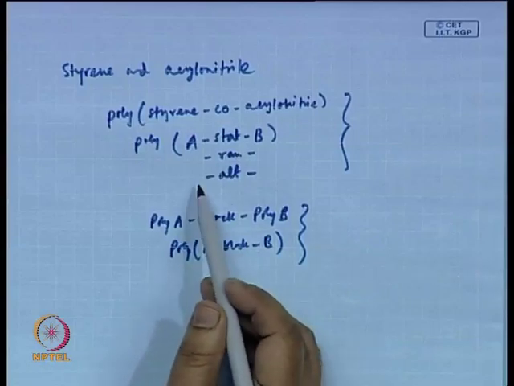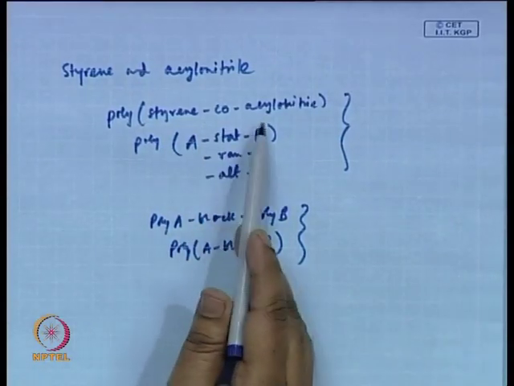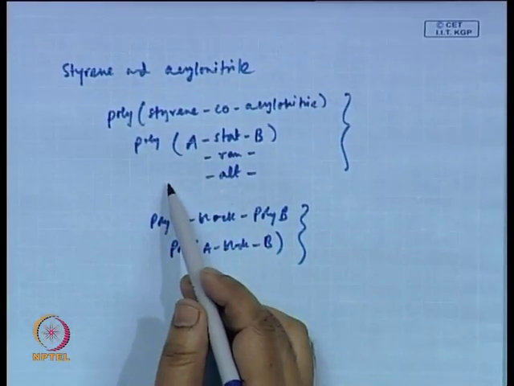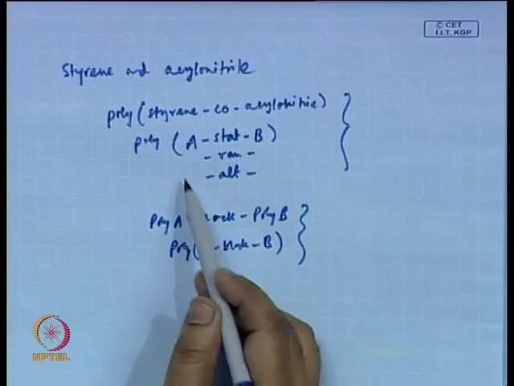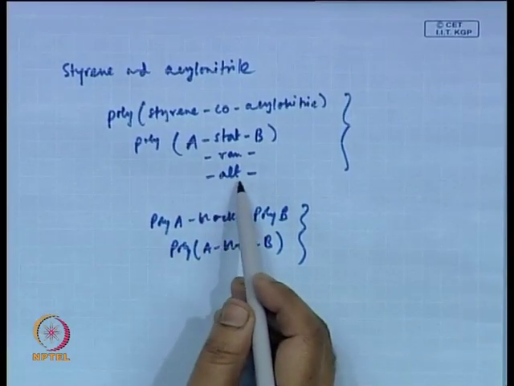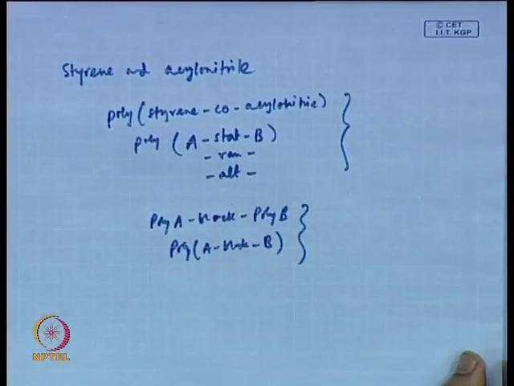So, for alternate copolymers between styrene and acrylonitrile, you should write poly, in brackets, styrene hyphen ALT hyphen acrylonitrile.